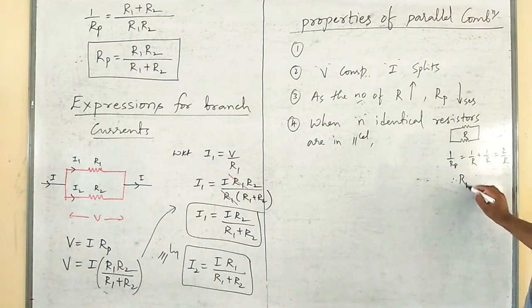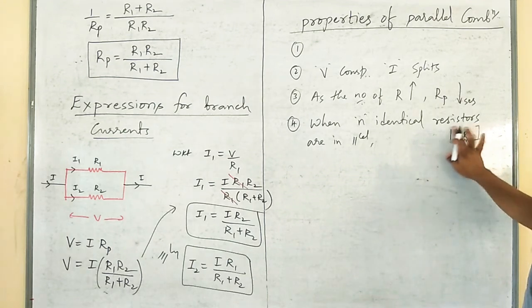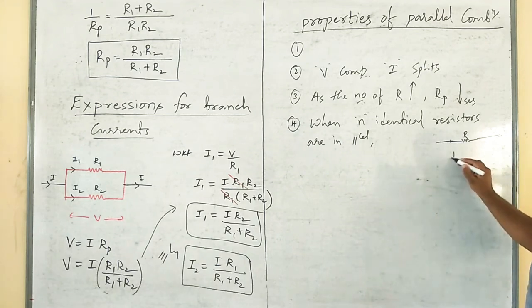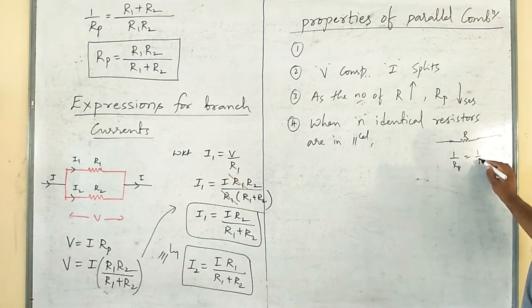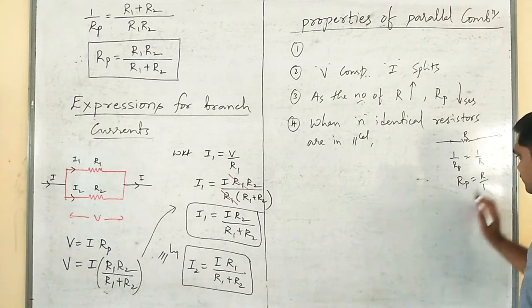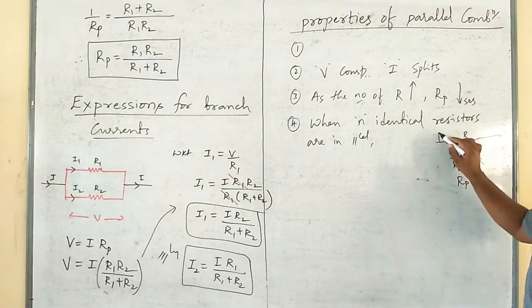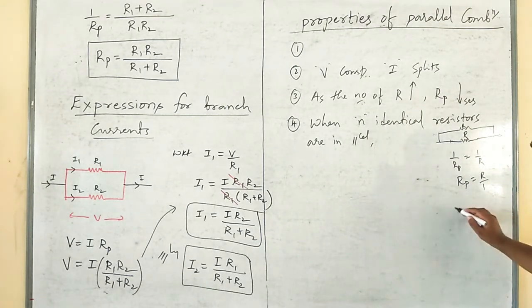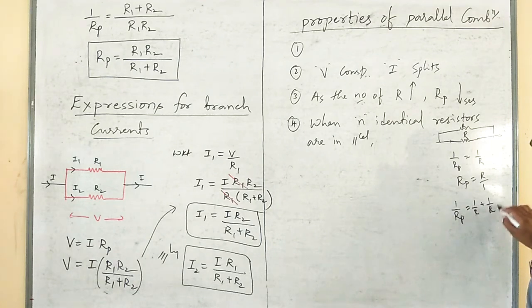Therefore, in the first case, when only one R is there, then 1 by Rp is equal to 1 by R. Therefore, Rp is equal to R by 1, which is nothing but R. When I connect one more resistor having the same resistance R, then 1 by Rp will become 1 by R plus 1 by R, which is 2 by R. Therefore, Rp is equal to R by 2.